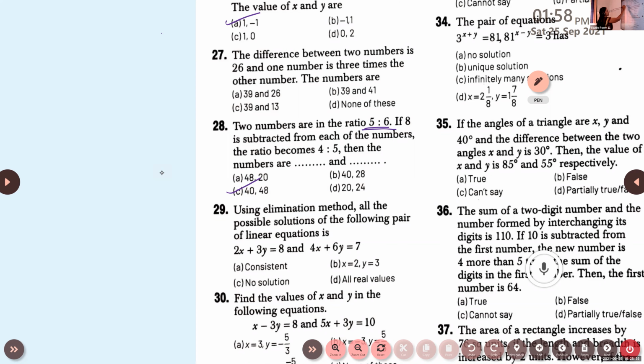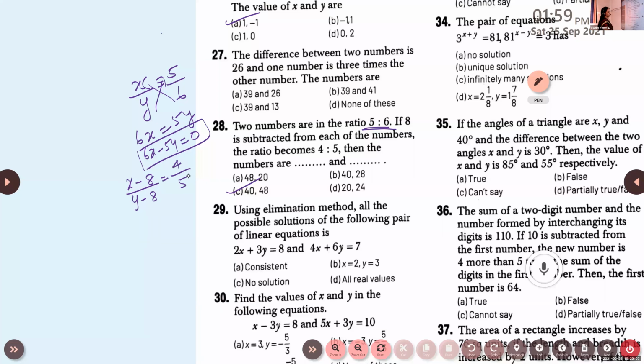You take the first number as x, second number y. So x by y, the ratio is 5/6. And you cross multiply this, 6x is equal to 5y. So 6x minus 5y is equal to 0 is the first equation. Now look at the second part. If 8 is subtracted from each of the numbers, x minus 8 by y minus 8 is 4/5.